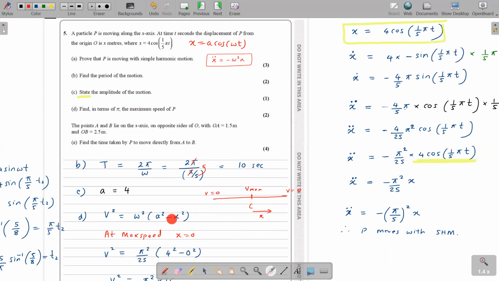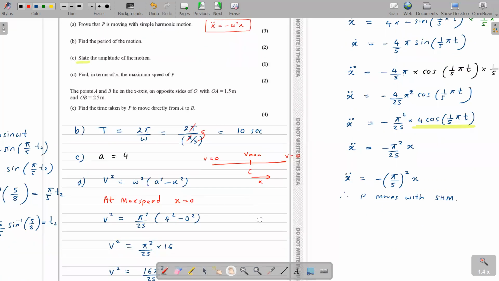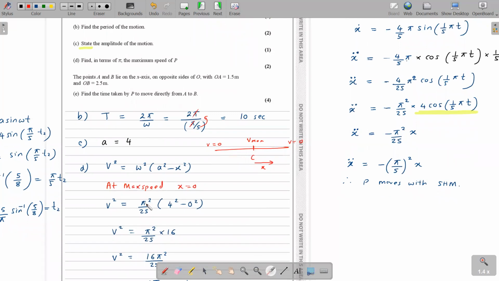This is a standard equation. I want to find v. I know omega and I know the amplitude, and I just need to input the x value. To achieve the maximum speed, x has to be 0. So we replace x with 0 and we simplify, right? So we replace the omega with pi over 5.